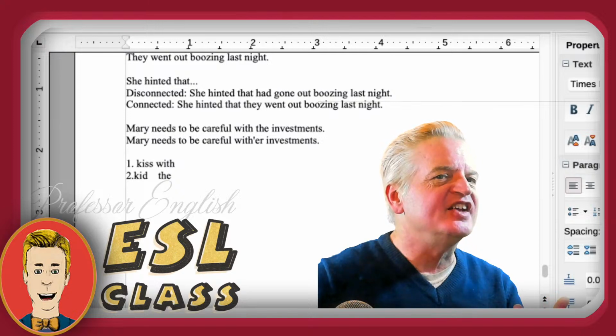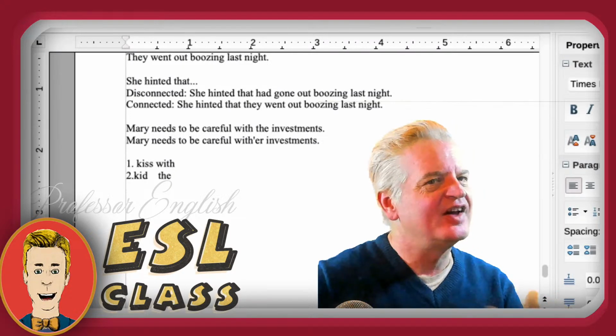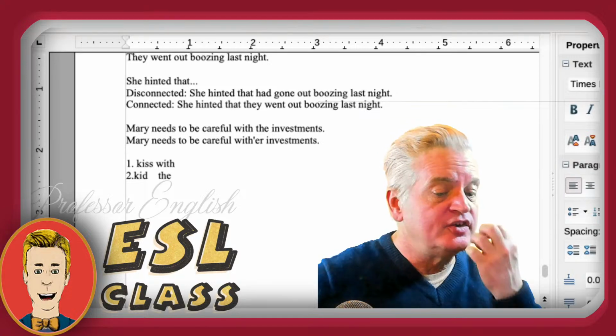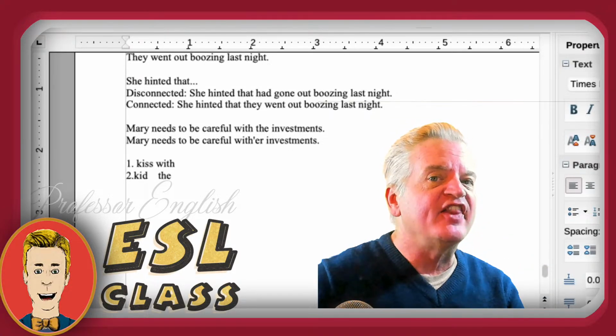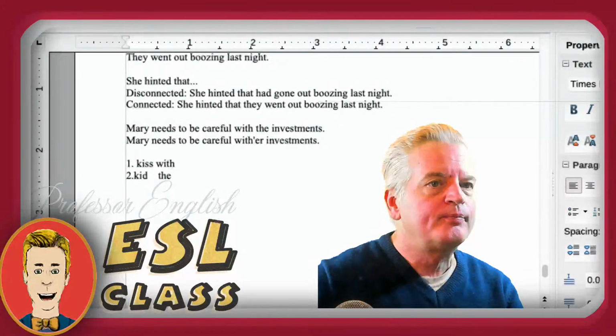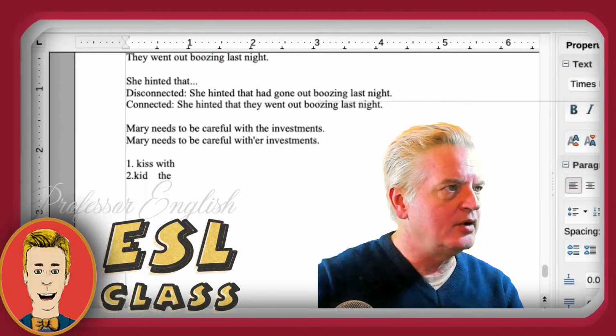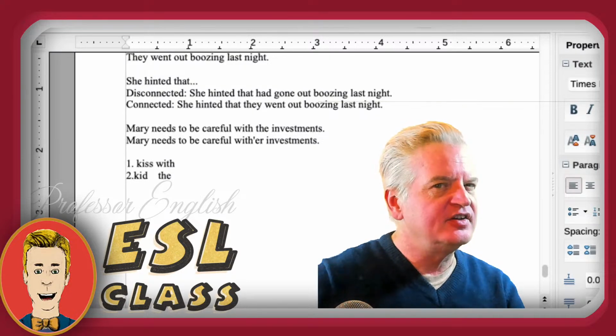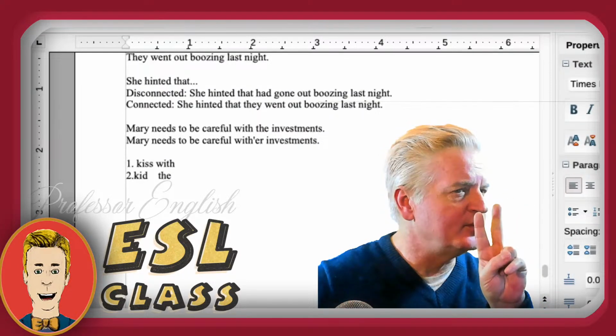So you start with kiss. Lots of air coming out. But then you still have that air, but you move your tongue. Kith. That is the sound of the word "with." It's because there are two TH sounds in English.